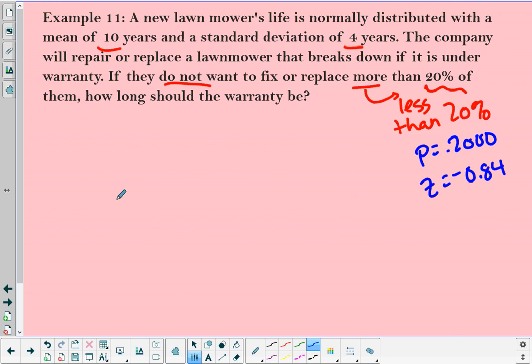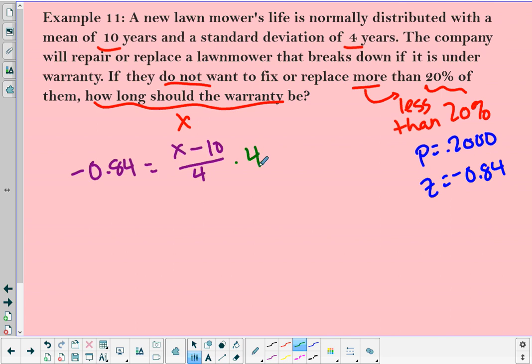Okay, great. The question is, how long should the warranty be? That means you're finding x. So plug it in the formula. Negative 0.84 is equal to x minus the mean of 10 divided by the standard deviation of 4. Work your way out of it and get x by itself.